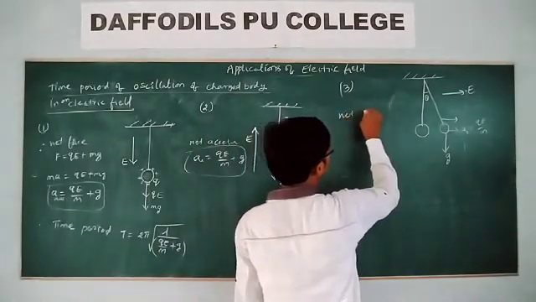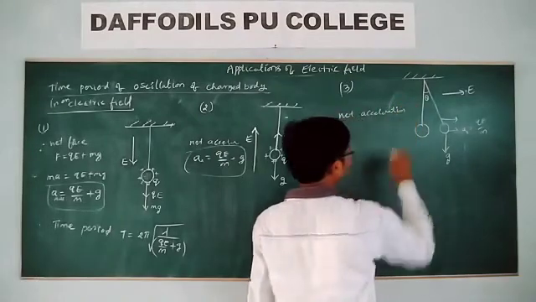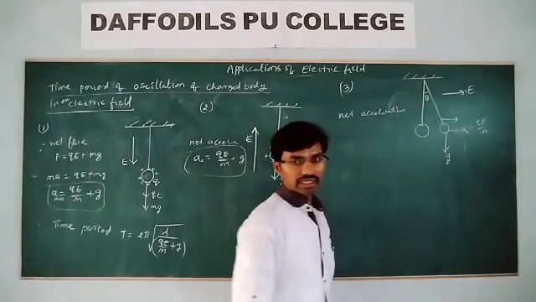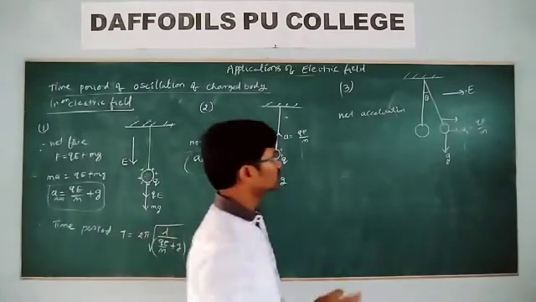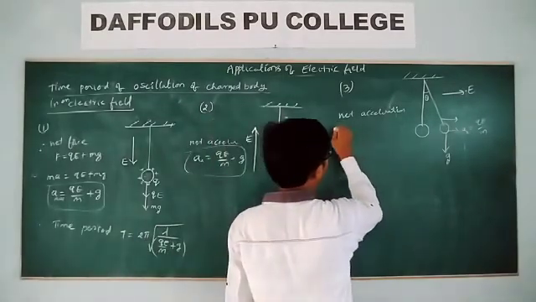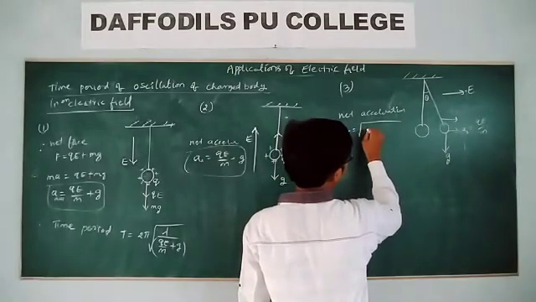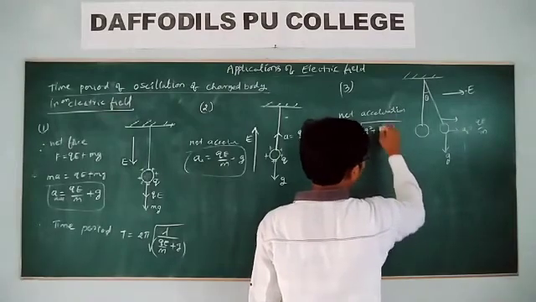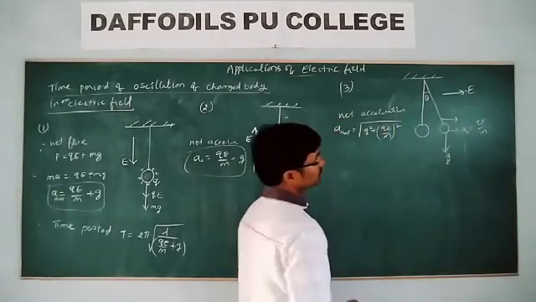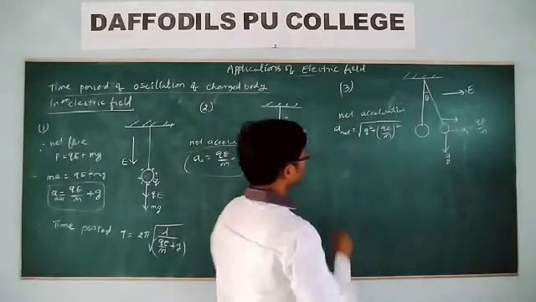Then the net acceleration is root over a1 square plus a2 square plus 2 a1 a2 cos theta. Here theta is equal to 90 degrees. Then a net is equal to root over g square plus QE by m whole square, because they are perpendicular to each other.